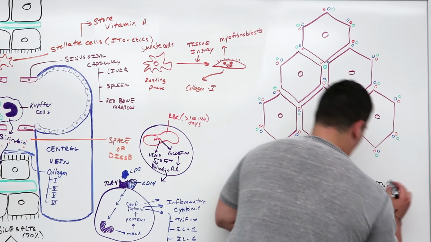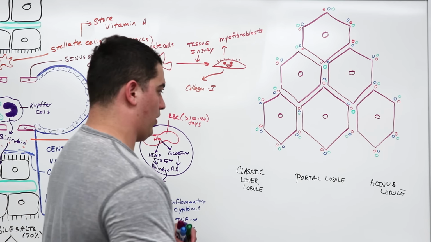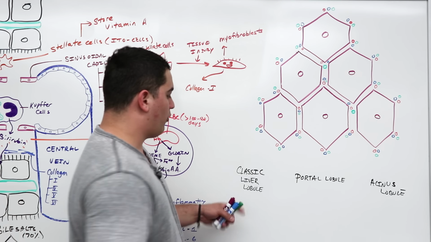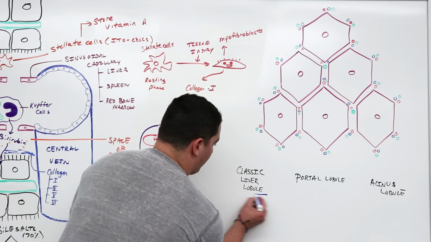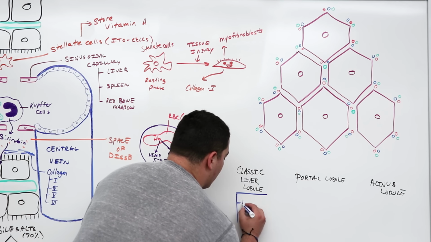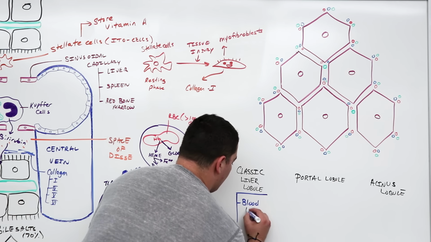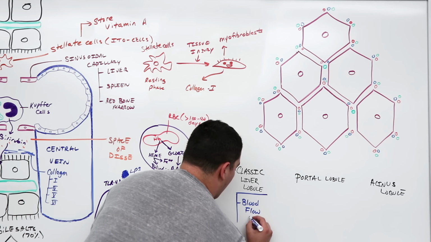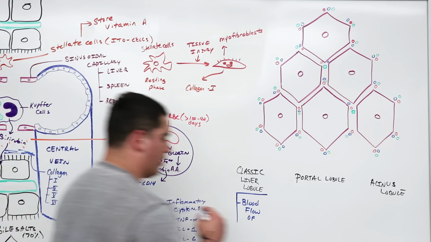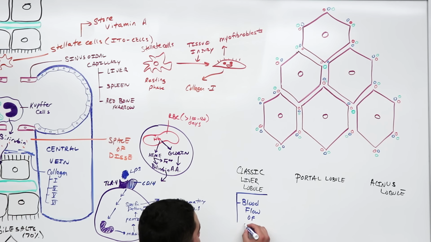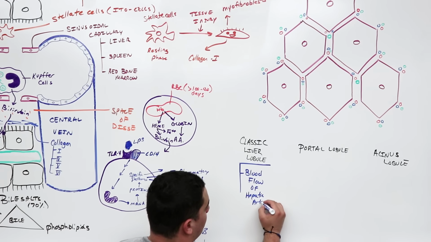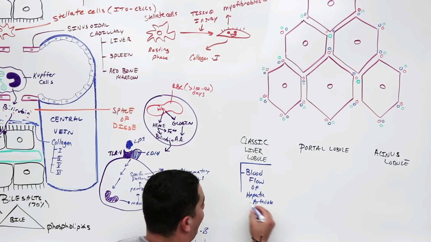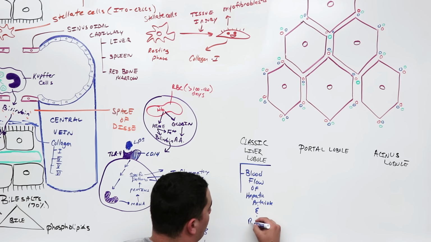So let me explain first off the classical one, but that's the easy one. This one is referring to the blood flow. So it's looking at the blood flow of 2 vessels, the hepatic arterial and the portal venial.